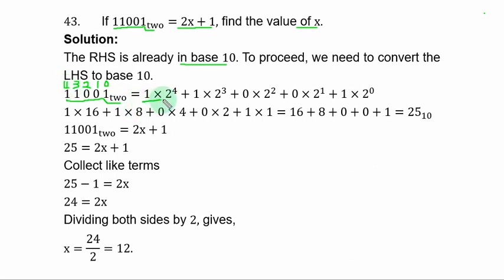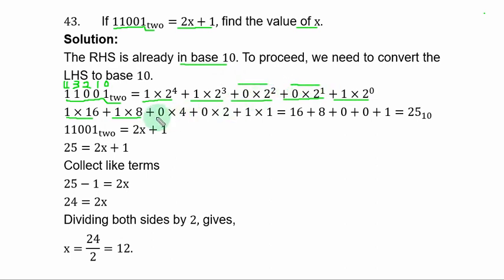So 1 times 2 power 4 plus 1 times 2 power 3 plus 0 times 2 power 2 plus 0 times 2 power 1 plus 1 times 2 power 0. So we have 1 times 16 because 2 power 4 is 16, plus 1 times 8. 2 power 3 is 8. This term is 0 and this is 0.